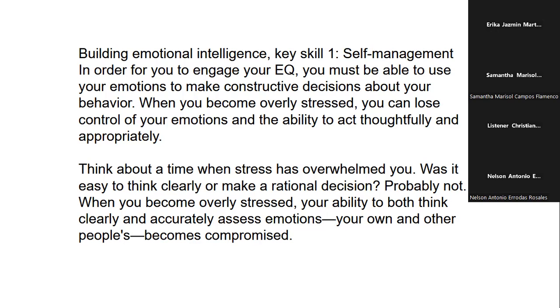This is related to the ones that we checked before, right? Self-management. It's like self-control. You need to control yourself so you can make a rational decision. Think clearly. Don't make decisions when you are emotional, when you are angry, when you are sad.